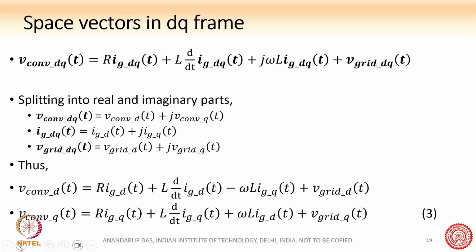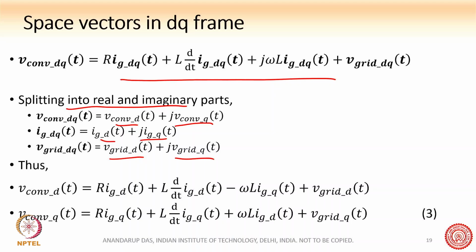So let us expand it. We have rewritten this equation, and now we split it into real and imaginary parts. So v con dq is v con d plus j times v con q, and we can write the real and imaginary parts of this space vector separately.